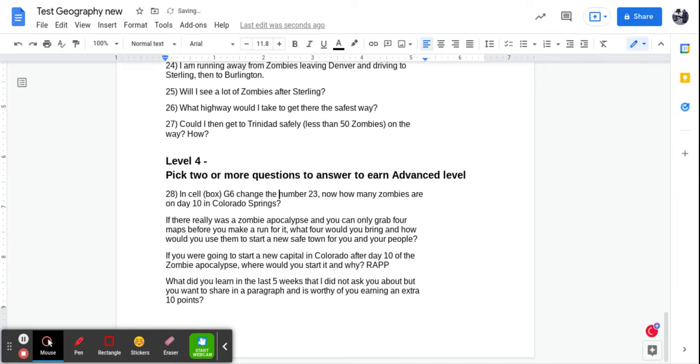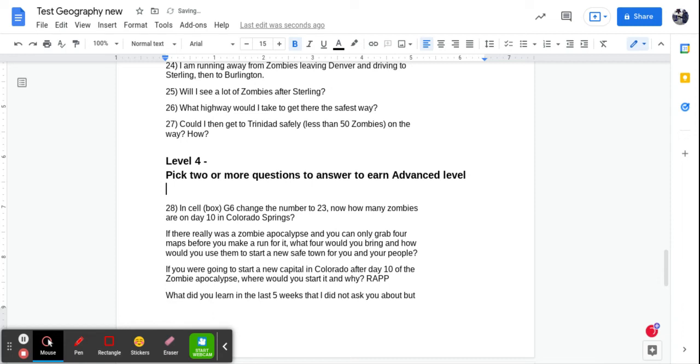It should, if you programmed the cells, give you an answer for how many zombies there would now be on day 10 in Colorado Springs. So please wrap your answer and tell me how many zombies would be in Colorado Springs on day 10 now that you changed cell G6 to the number 23.